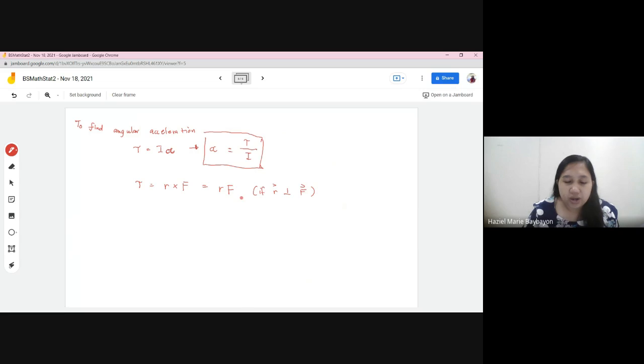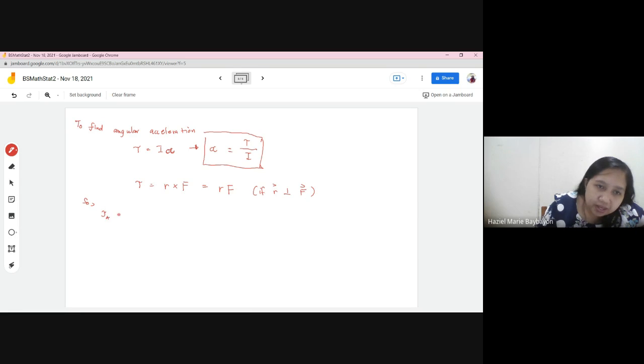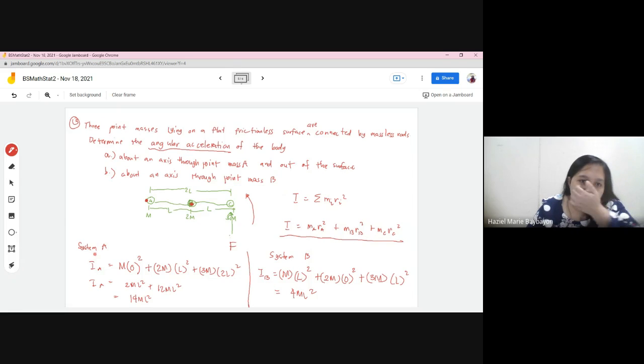So we can have R times F. Torque for system A is R sub A times F. Your R sub A is the whole length, so we have 2L multiplied by F, since for system A the axis of rotation is here. So this is your R, this 2L.